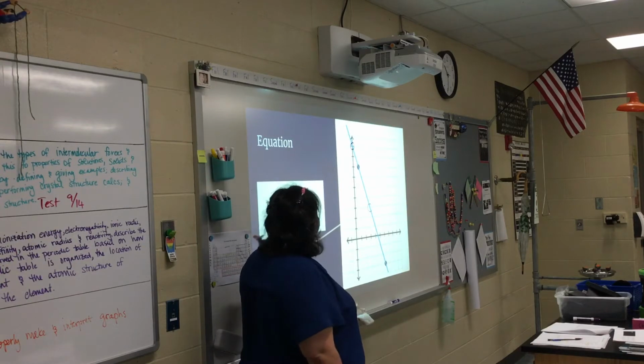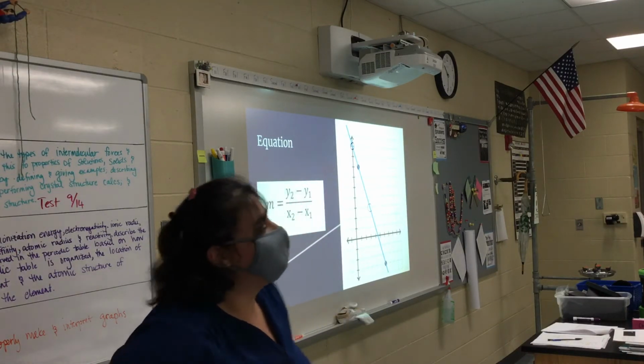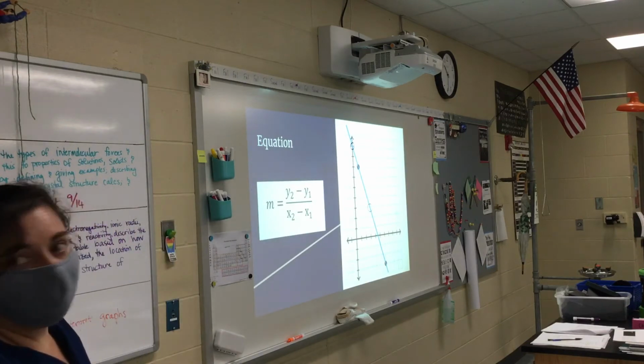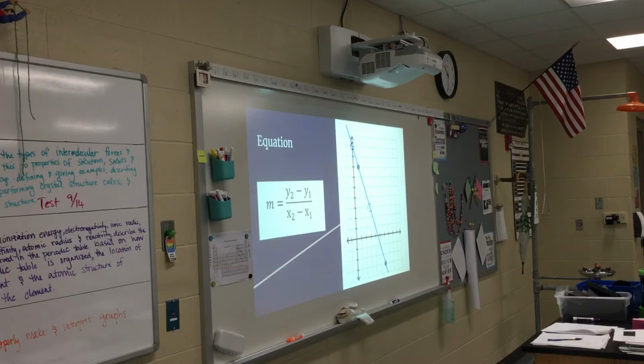Okay? So this is how we calculate slope.